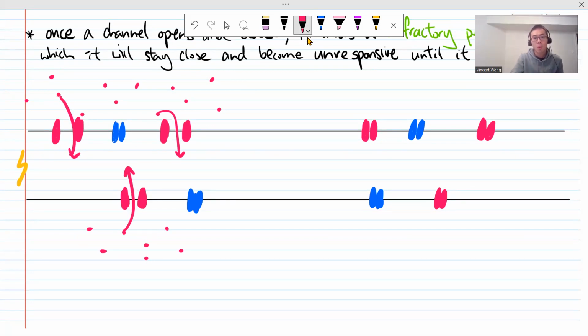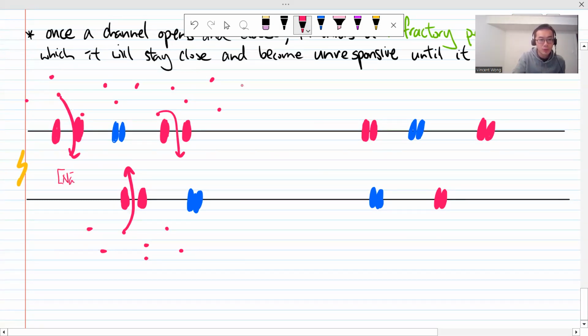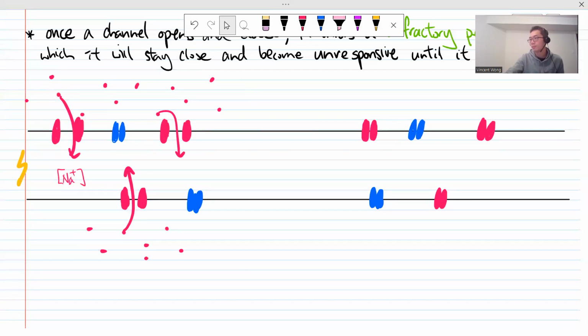What is that going to do to the sodium level? That's right, it is going to go up. So now the inside is going to be high sodium, and the outside is going to be low sodium.